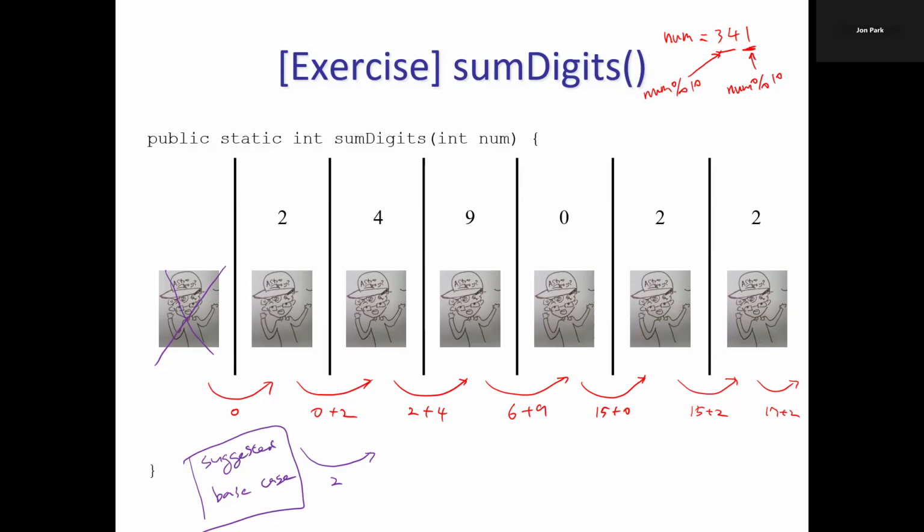Okay, so you divide by 10. So you can split the number into the least significant digit and the rest by using division and mod operators. Okay, so please get started. Let me know if you have any questions or if you're finished.